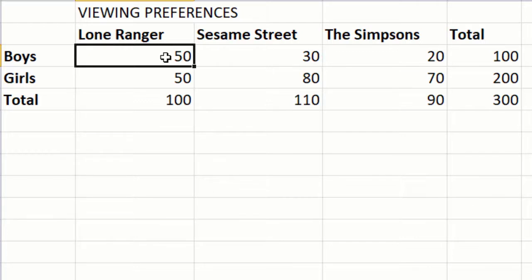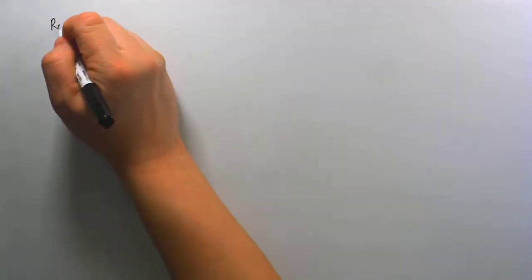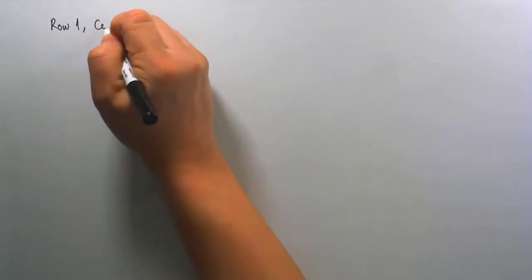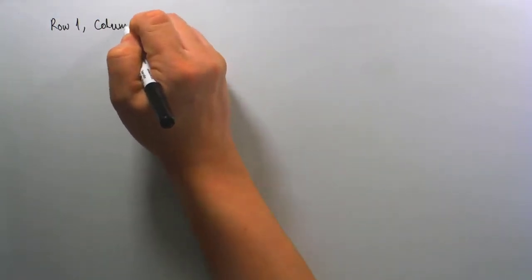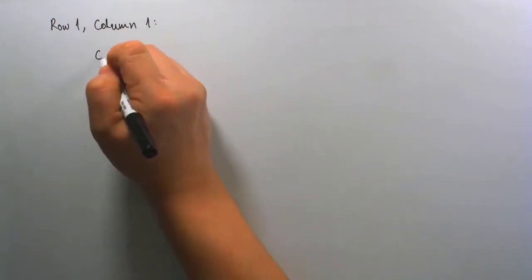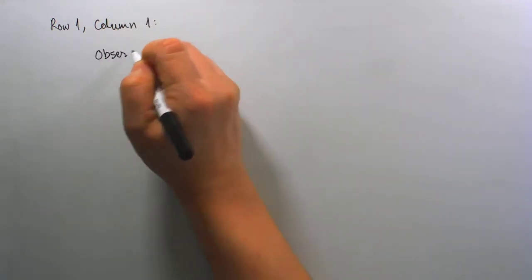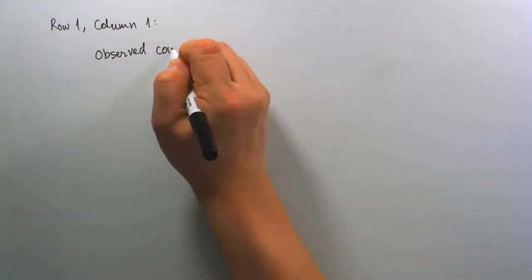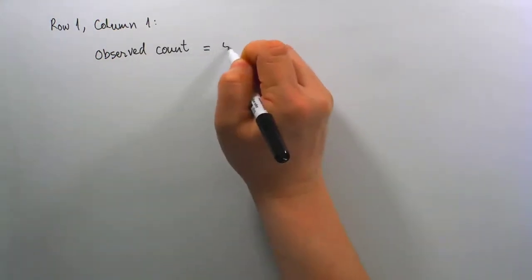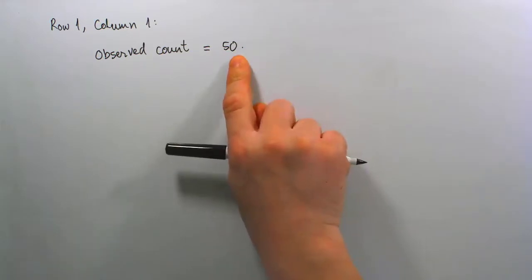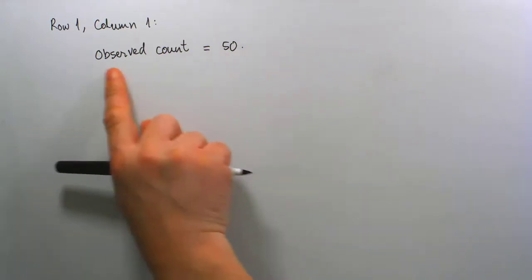So this count is regarded as the observed count because it initially came as how the table was originally presented. In row 1, column 1, we have an observed count that was indicated to be 50, because this was a count that was already observed and given in a table. So that's what it means by being observed count.